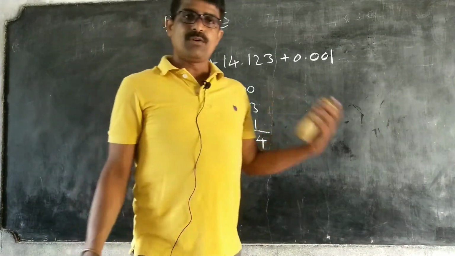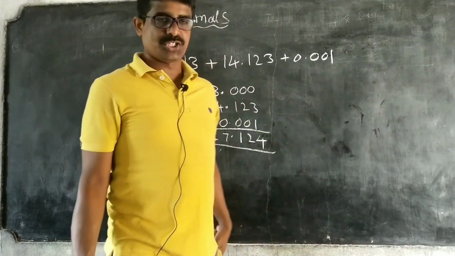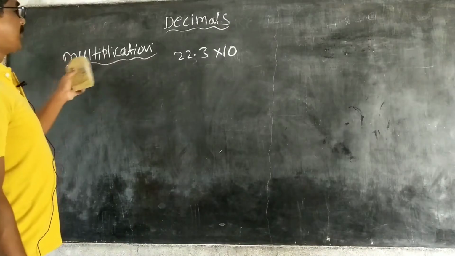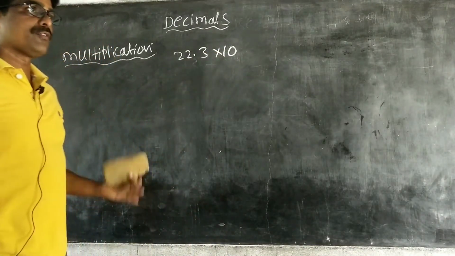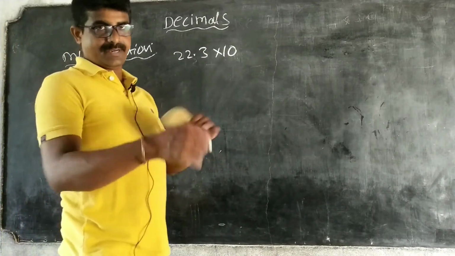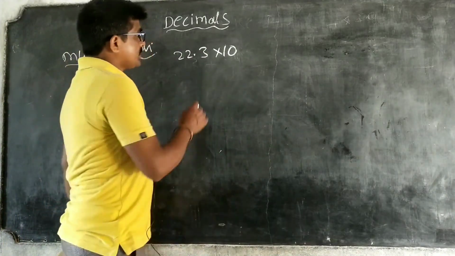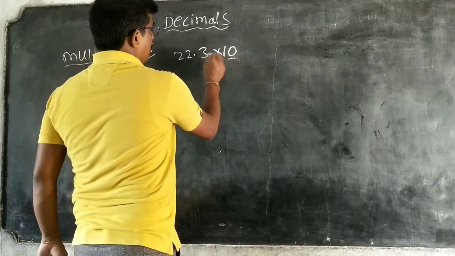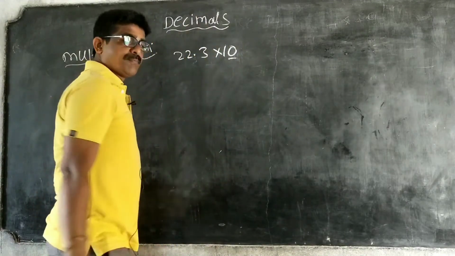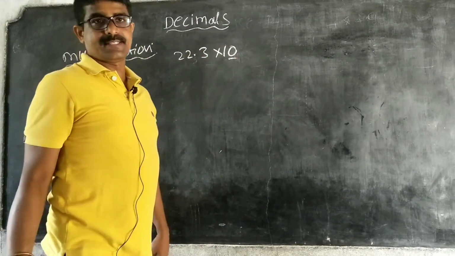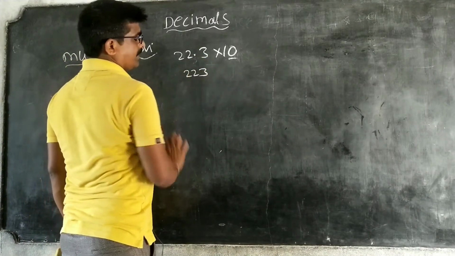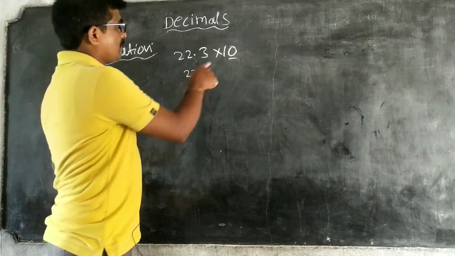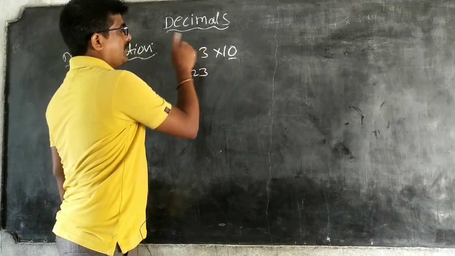Next we are going for multiplication. Next multiplication, 22.3 into 10. Whenever you multiply by 10, 100, 1000, simply count how many zeros you have and move the point that many digits. So that is equal to 223. Simple. So here 1 zero, that's why 0.1.